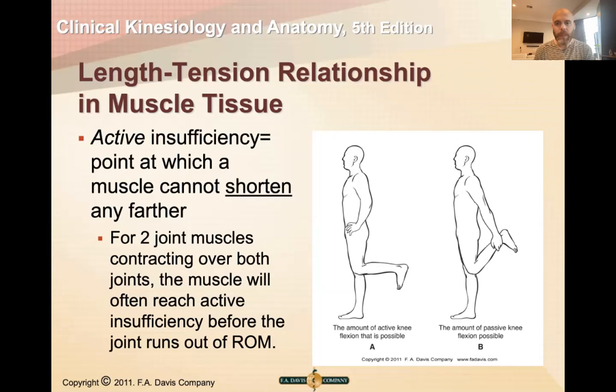Now, there's a certain point in everybody's muscle where we can't contract any further, because the actin and myosin filaments basically zip each other all the way that they can, and that's as far as we can actively do it. It has nothing to do with our strength or our muscle bulk. It's just that that's all our hamstring can do.